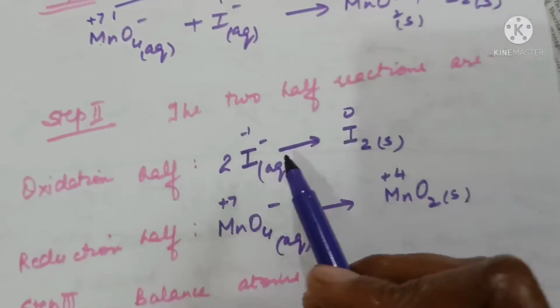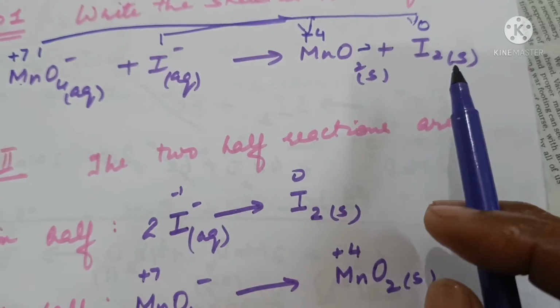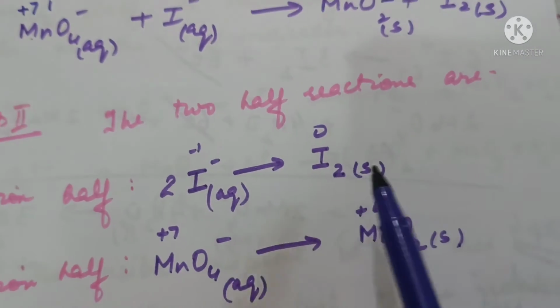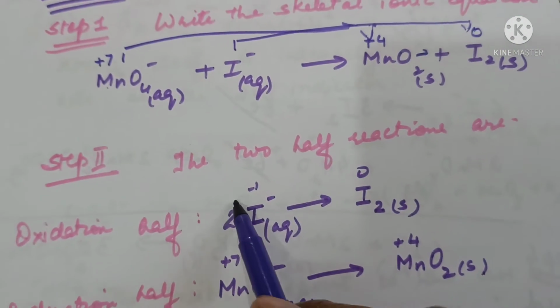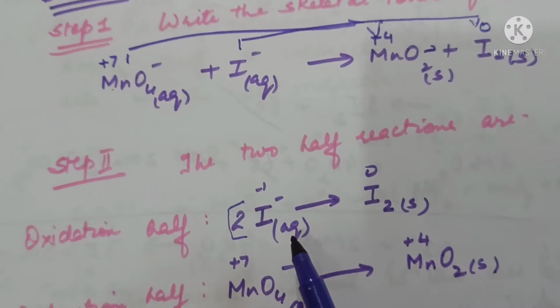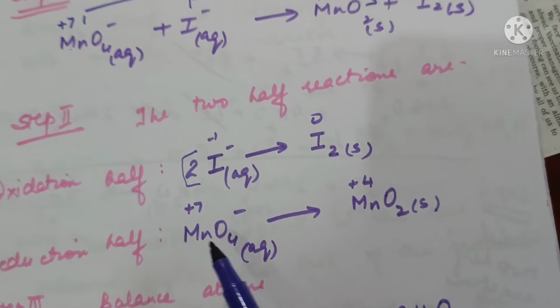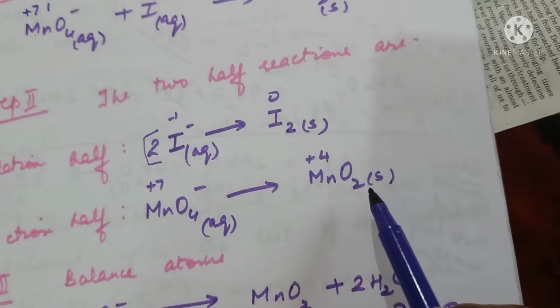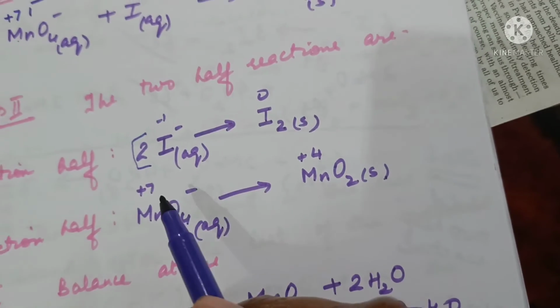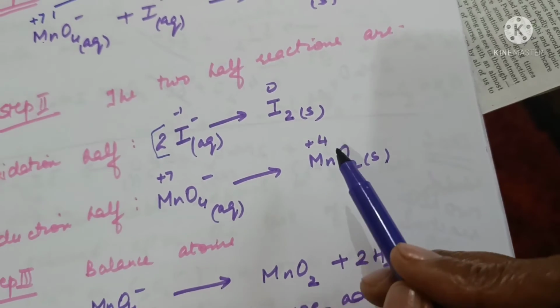This is the oxidation half reaction. Now to balance the number of atoms, because there are 2 iodine on the right hand side, we multiply this equation with 2. So we get 2 iodide here. And similarly in the reduction half reaction, we have MnO4 negative into MnO2, and the oxidation number goes from +7 to +4.